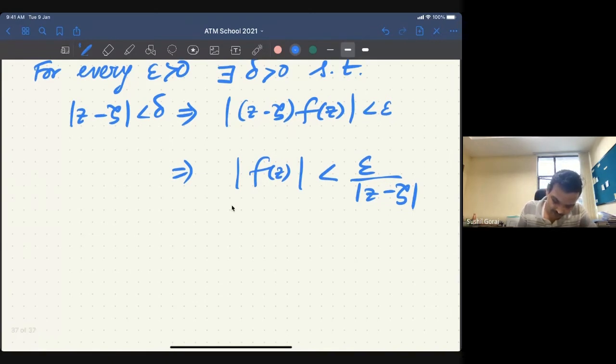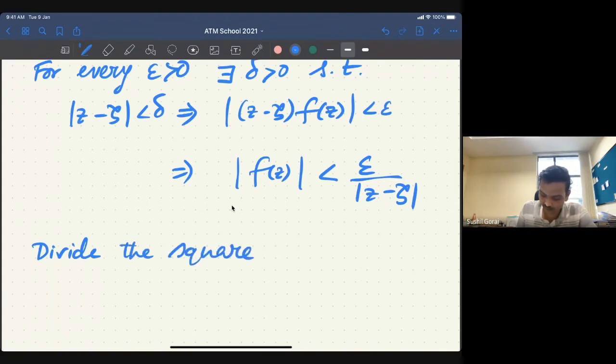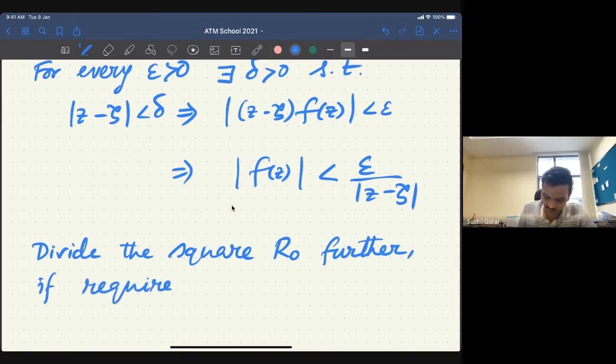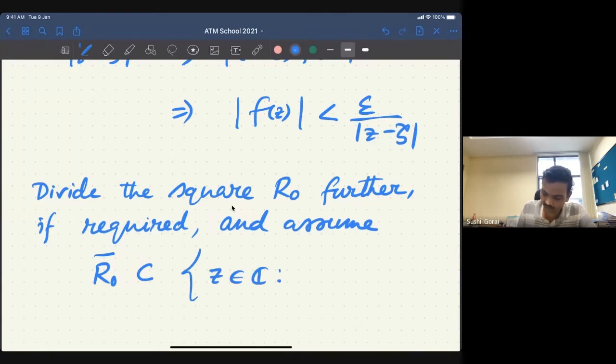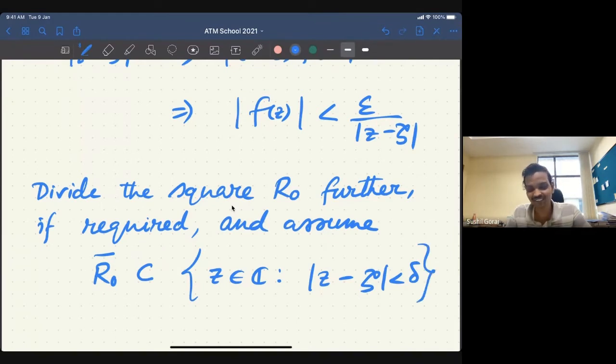Now if required, divide the square R naught further, if required, and assume R naught closure lies in the set of z in C such that mod z minus zeta less than delta, just like before, right?